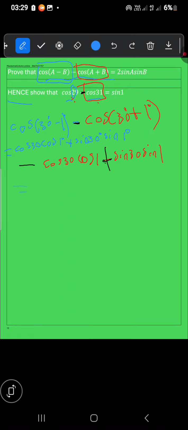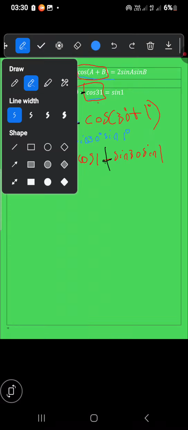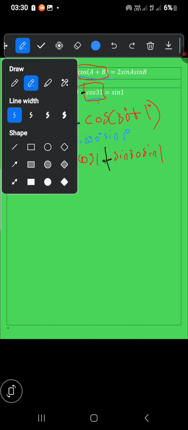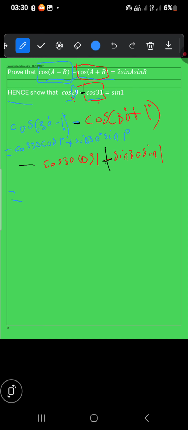this. So you are left with this. So this is 2 sine 30 sine 1 degrees.